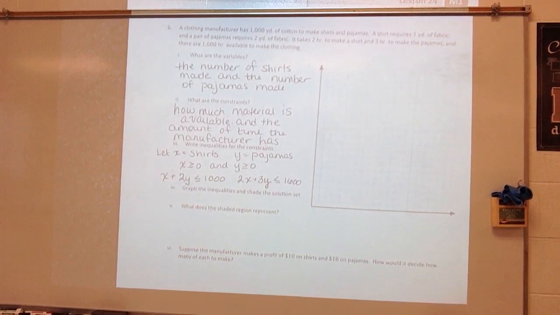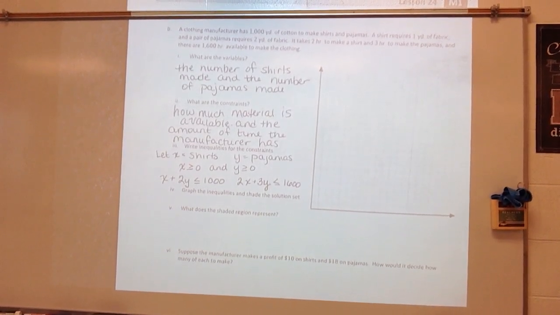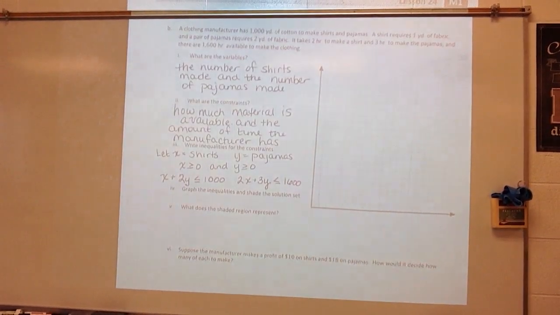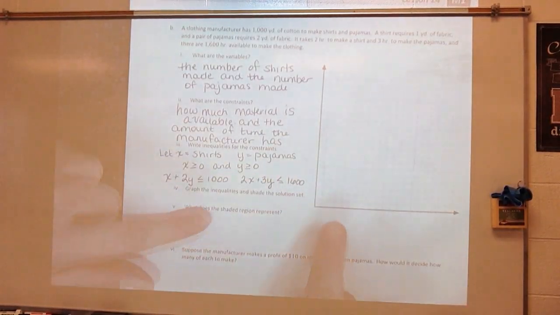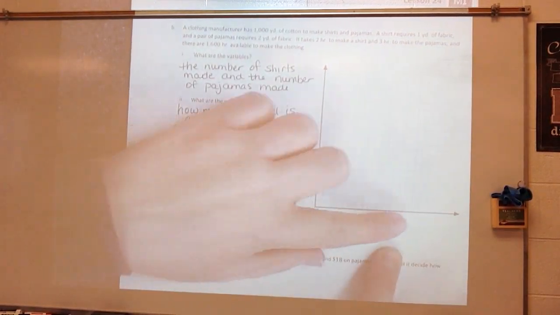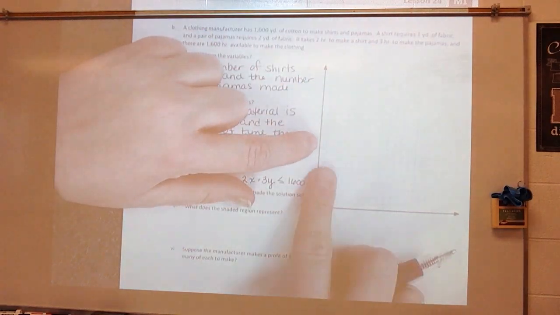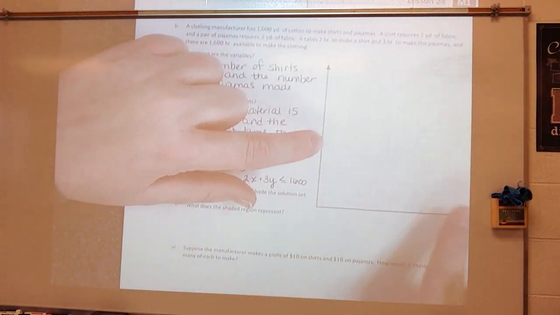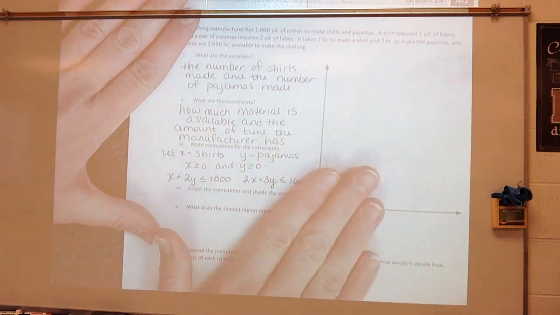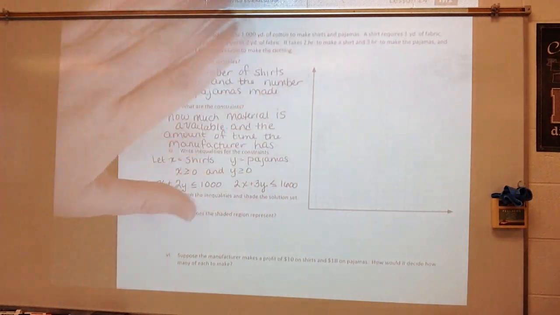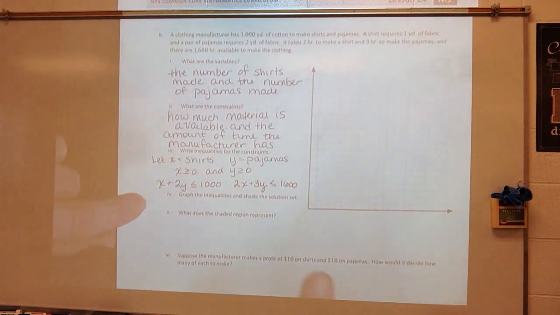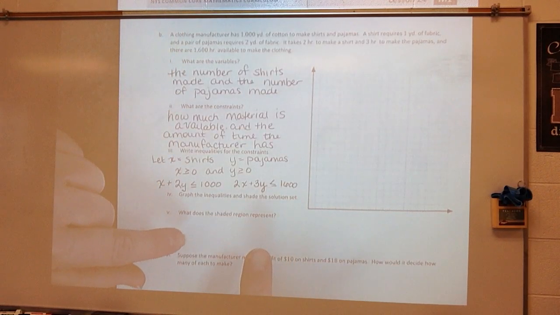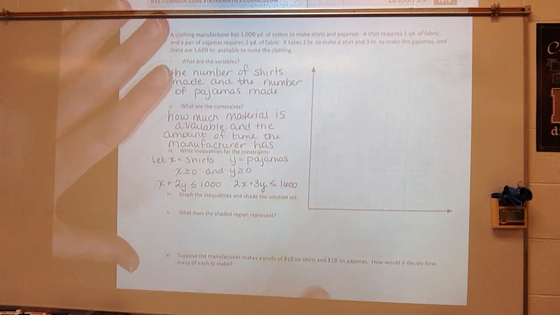Alright, so let's look at that. So I'm going to graph. I know that x has to be greater than or equal to 0, so that means it has to be up here. And that y has to be greater than or equal to 0, so it has to be in here. So I'm not going to shade that part because that part is telling me it's got to be in this part of the graph. Okay, so then let's look at what we're going to do here.